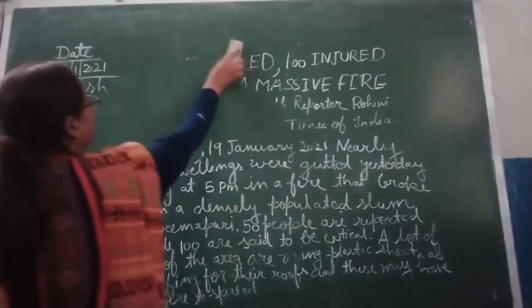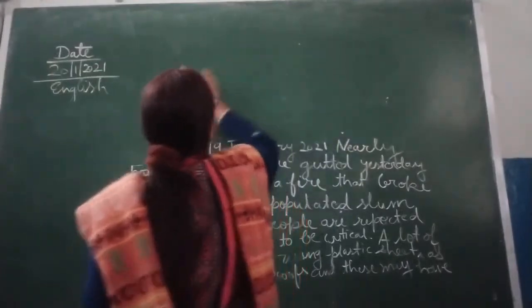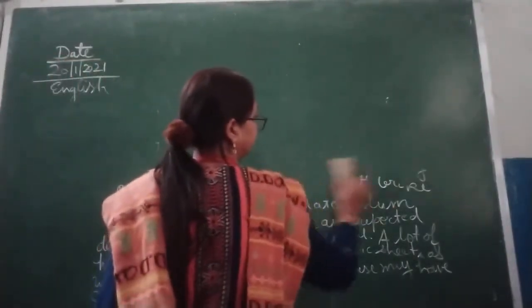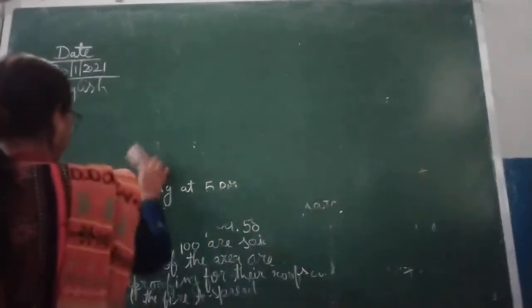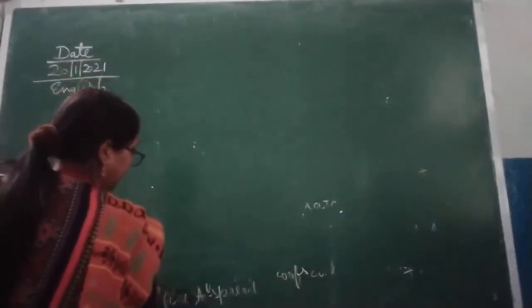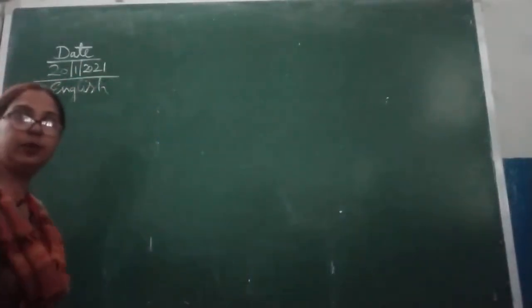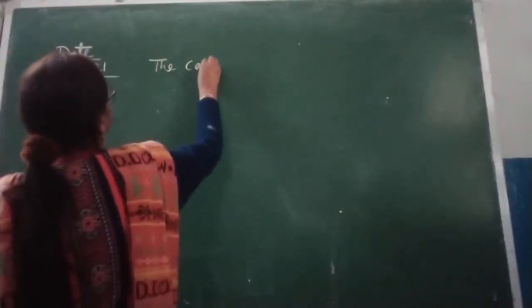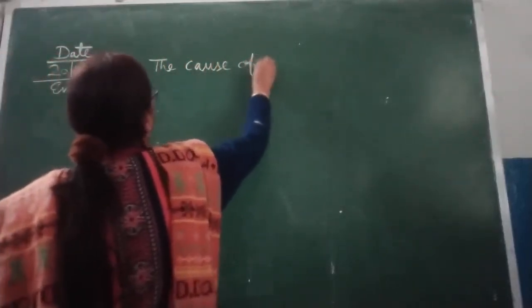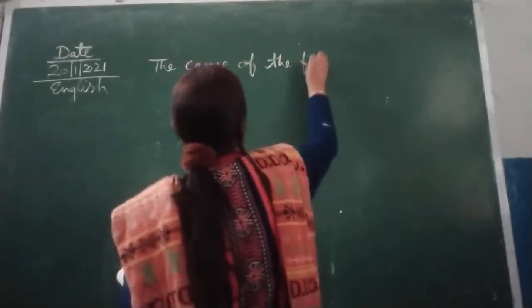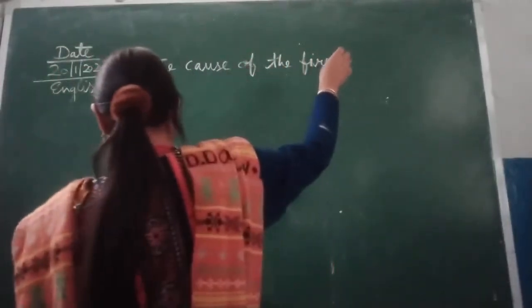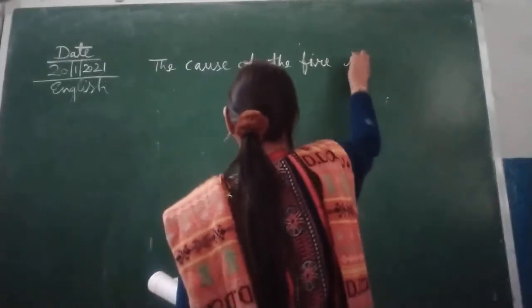So for this I am going to erase, because we don't have much space, that is why I am erasing, but you have to write all the things in one page, 1 or 2 pages, whatever you require you can mention. The cause of the fire is still unknown.